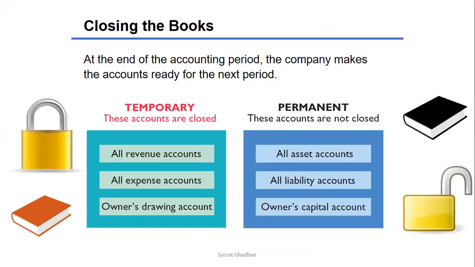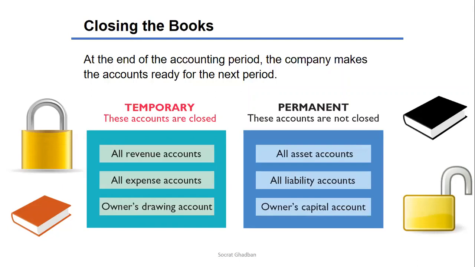In closing the books, the company distinguishes between temporary and permanent accounts. The company closes all the temporary accounts at the end of the period. Temporary accounts are revenue, expenses, and owner's drawing. In contrast, permanent accounts relate to one or more future accounting periods.